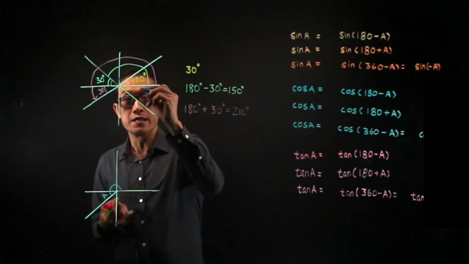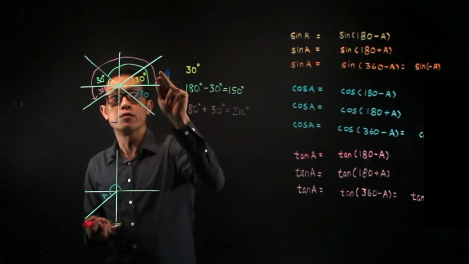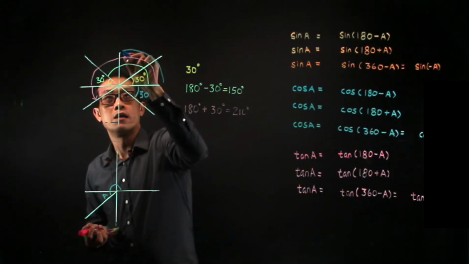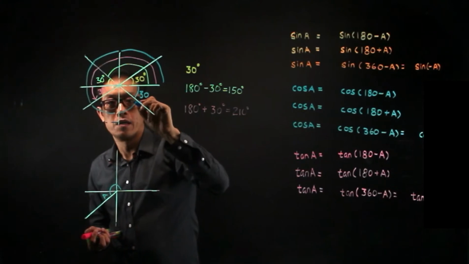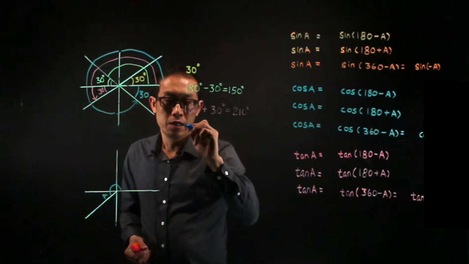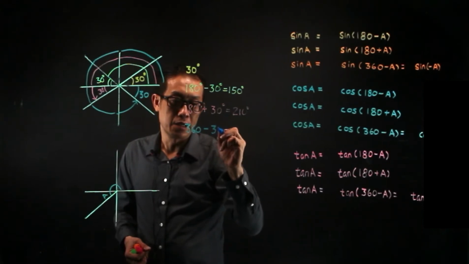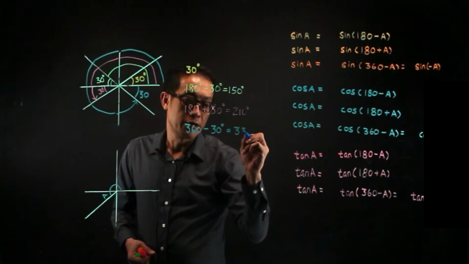If this angle is 30, then the actual angle will be all the way from here up to here, and that will be 360 minus 30, and that gives us 330.